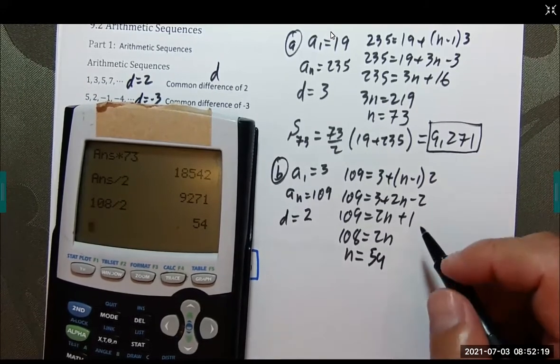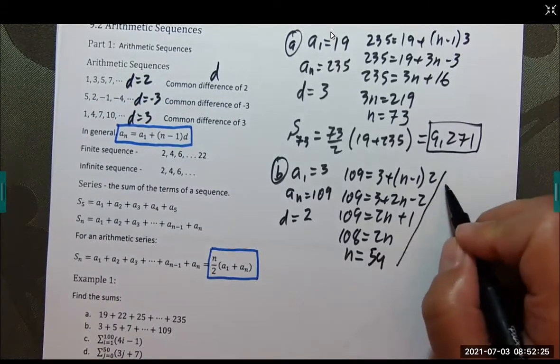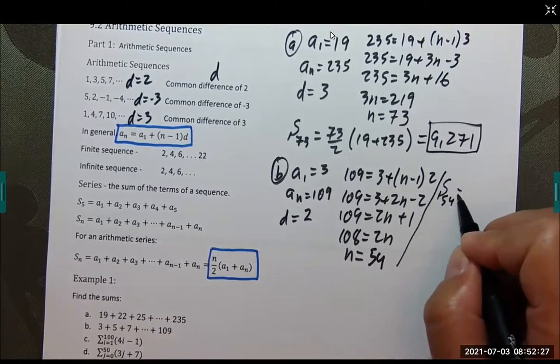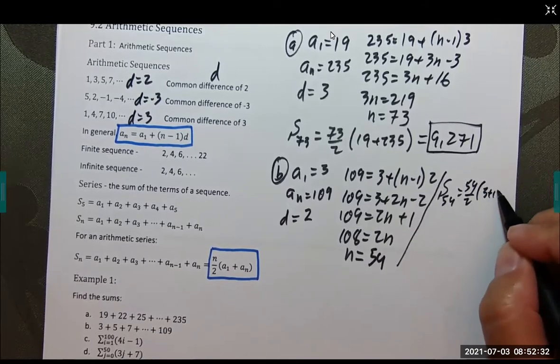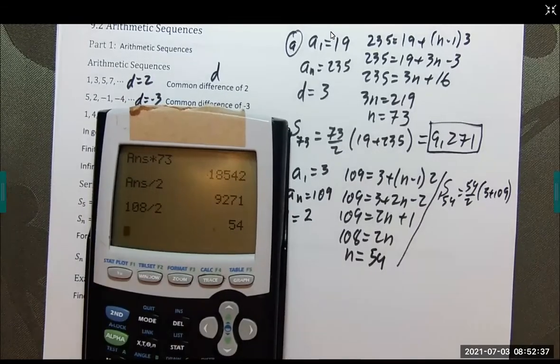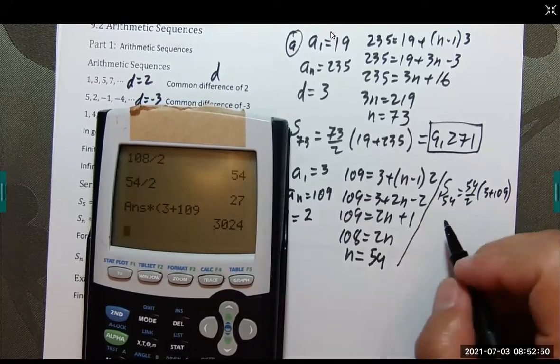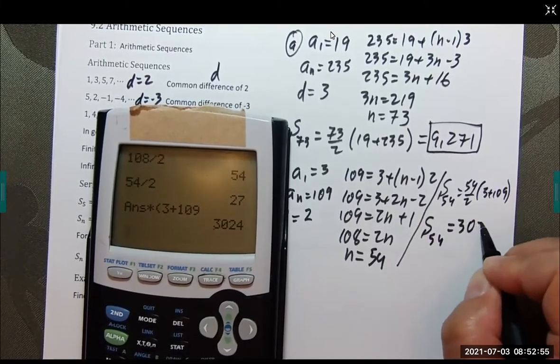So I want to find the sum of the first 54 terms. So let's see what that is. 54 divided by 2 times 3 plus 109 gives us 3,024.